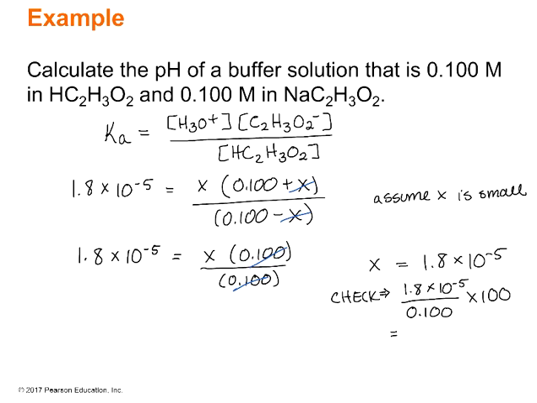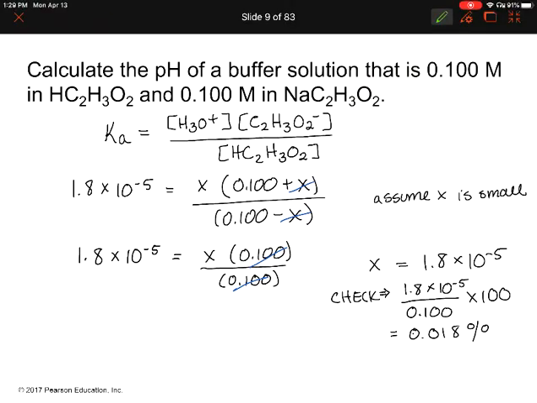And we find that we should have a percentage of 0.018. So that is a valid assumption. We can, in this instance, say that the value of x is equal to the acid ionization constant.